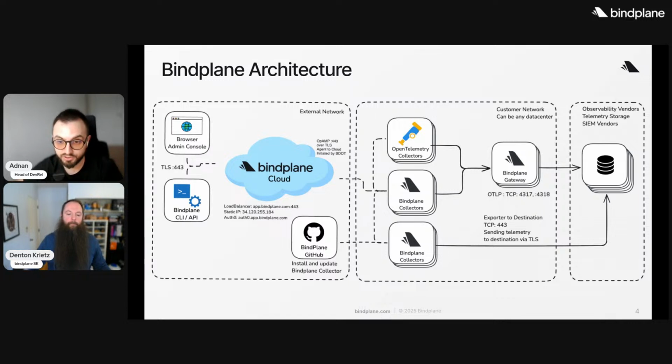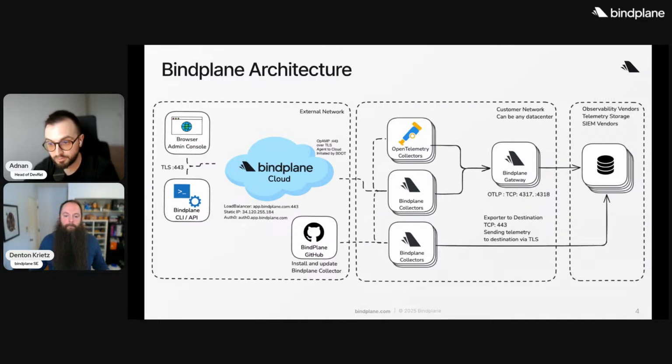So it's actually the first collector distribution running OpAMP built in. That means Bindplane as a control plane can super easily configure, manage, and do whatever you want with your collectors running in your network. And how this communication works is that the OpAMP connection is actually established from the collector side.